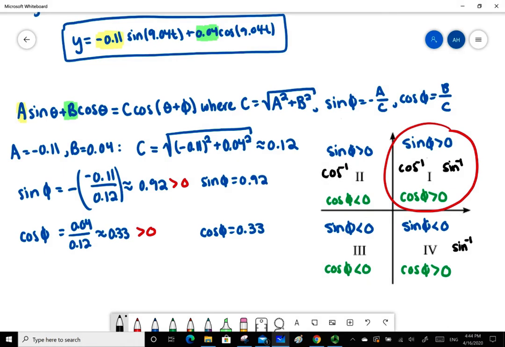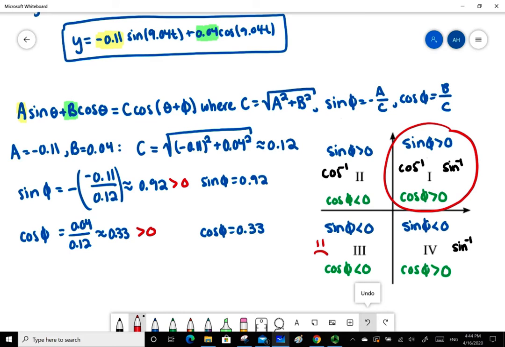What does this mean for finding angles? If your angle is in quadrant 1, both inverse sine and inverse cosine will give you the correct angle right away. If your angle is in quadrant 2, inverse cosine will give you the correct angle right away. If your angle is in quadrant 3, unfortunately, no inverse trig function will give you the correct angle right away.